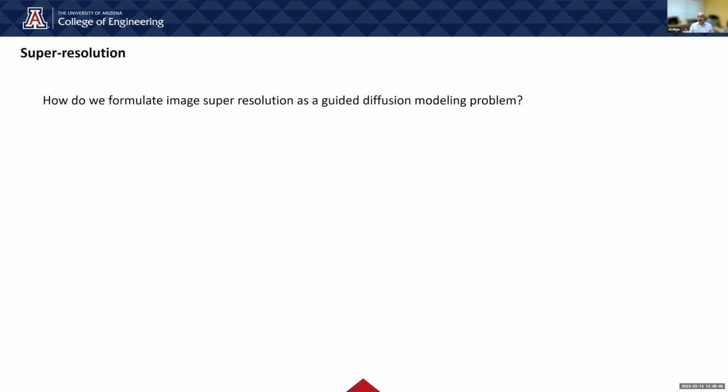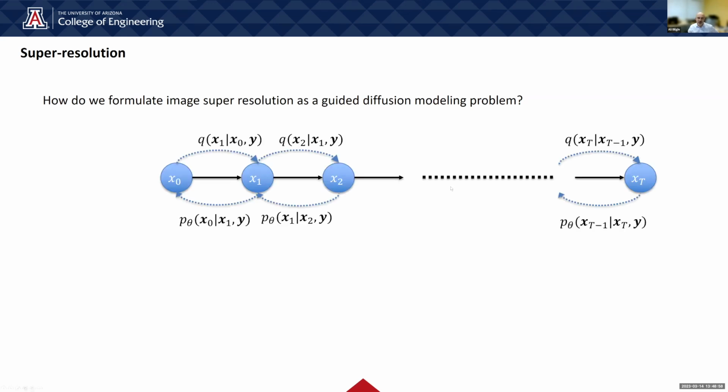Okay, so one of the problems that we deal with is super resolution. So I wanted to see if I can formulate super resolution as a guided diffusion modeling problem. And if you remember this guided model, we have this conditioning information that we can pass along together with the images that we use for training.